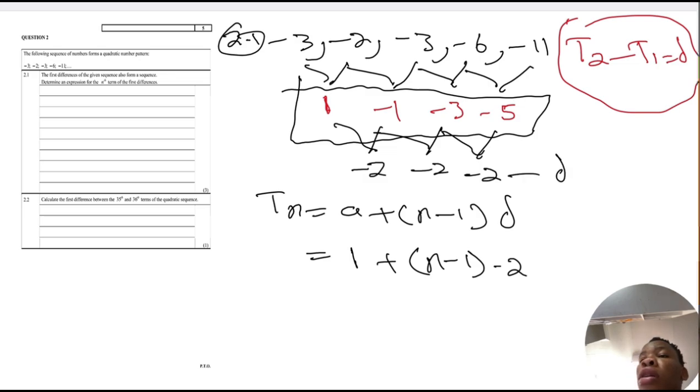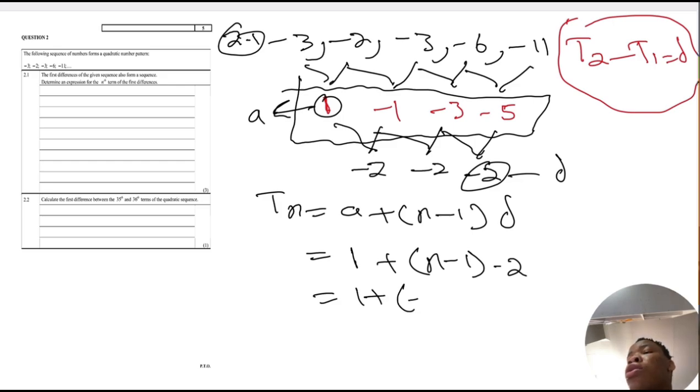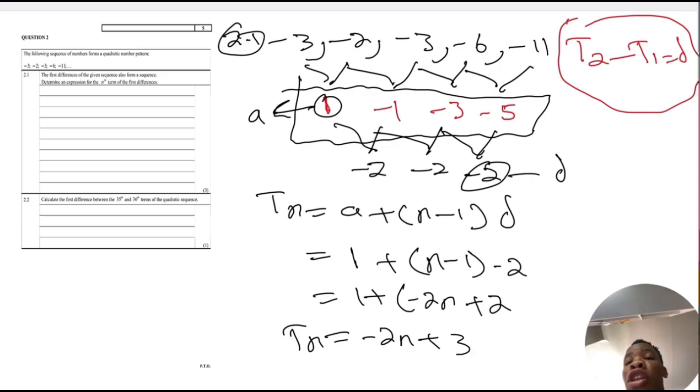This is the A, this is the D. Therefore, we will have our formula as 1 plus negative 2n plus 2. Therefore, we will have Tn as negative 2n plus 3.